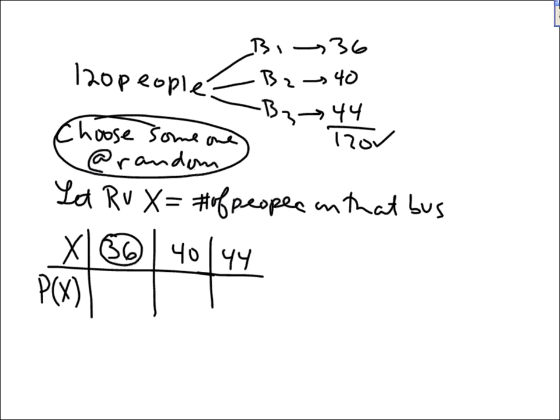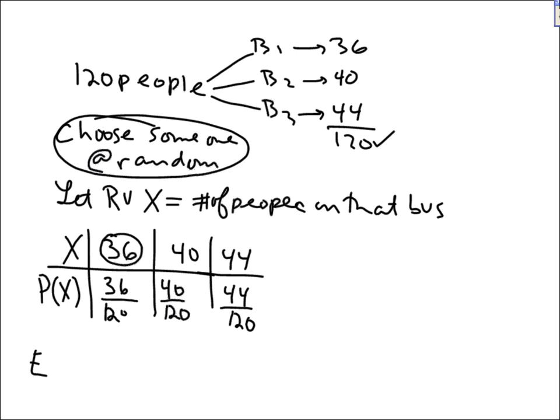What is the probability that you pick somebody from bus 1? If you randomly pick somebody, what's the probability they're from bus 1? 36 out of 120. The probability somebody is from bus number 2? Answer, 40 out of 120. From bus number 3, 44 out of 120.